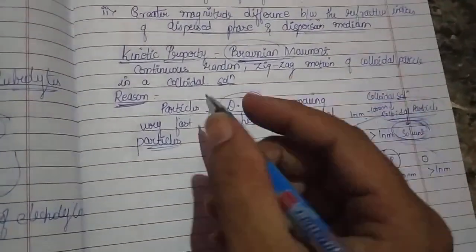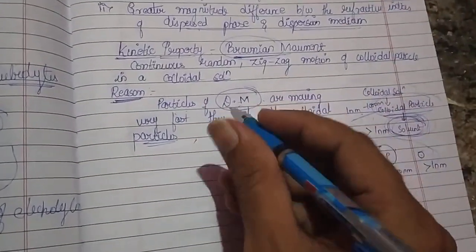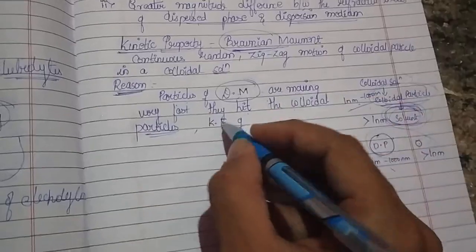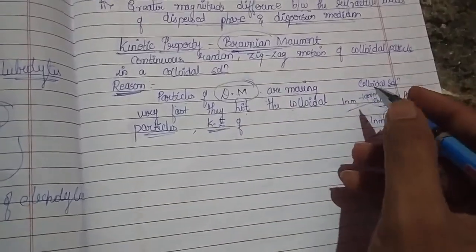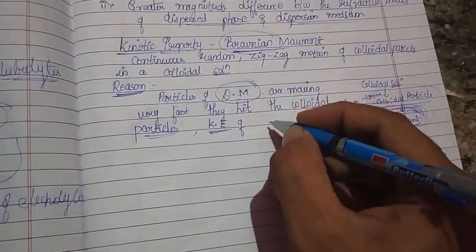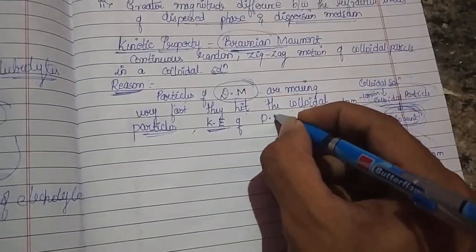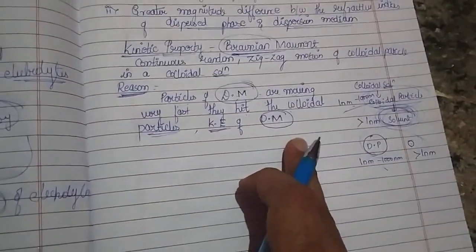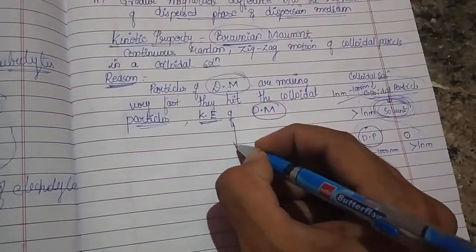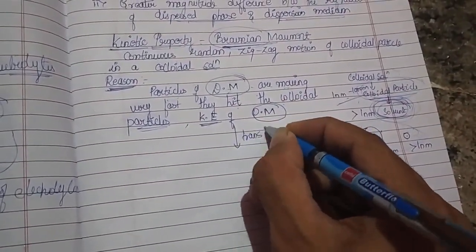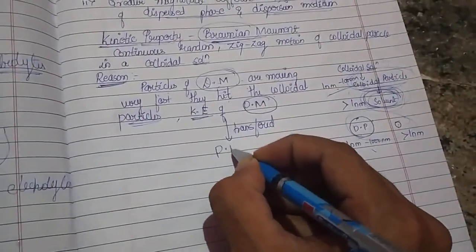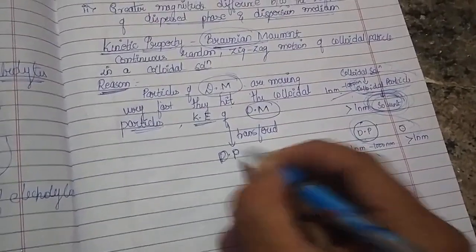So at that moment what happens is, remember, very much important, he says, whatever the kinetic energy of your dispersed medium is there, it is going to get transferred to your dispersed phase particles, he says.